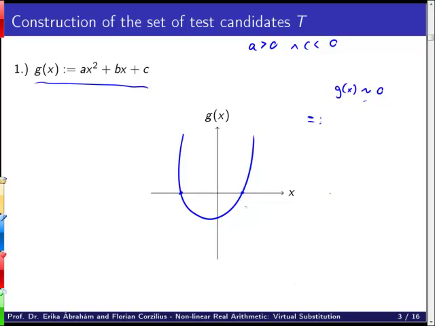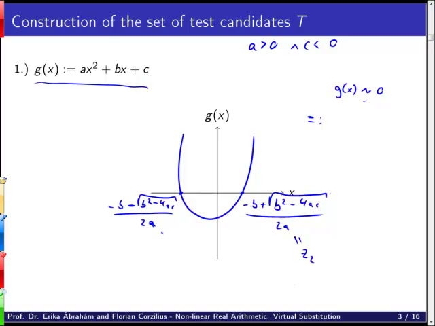It is, I think, minus B plus the root of B square minus 4AC, divided by 2A. And the other one is minus B minus the root of B square minus 4AC, divided by 2A. Okay? So this is that 2 and this is that 1.